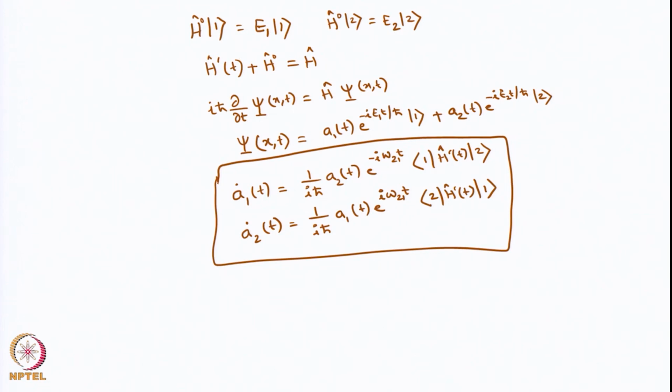Okay. Now, we used a very simple approximation in which we said there is a constant perturbation that is switched on at time t equal to 0. Okay. So, that perturbation is something like this: when t is equal to 0, it has some constant value v.